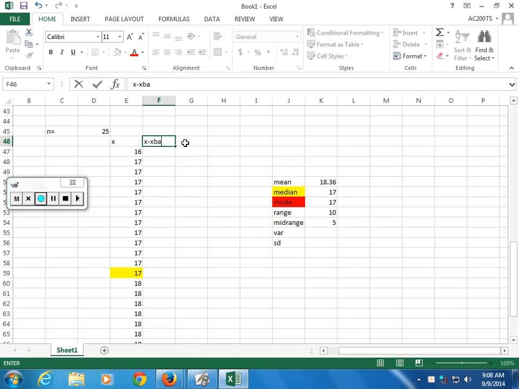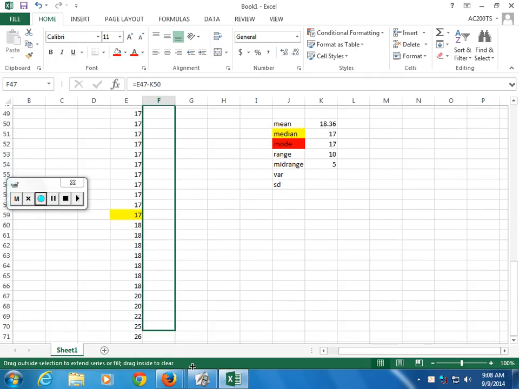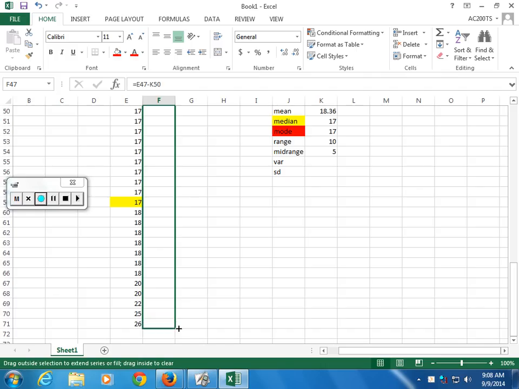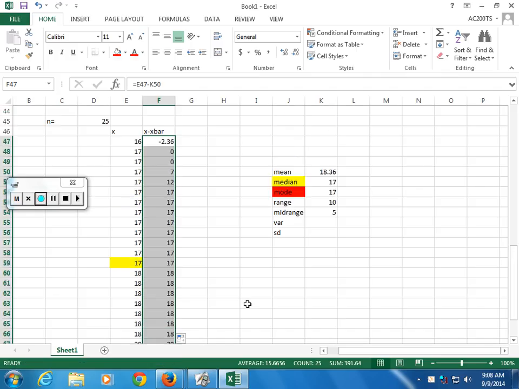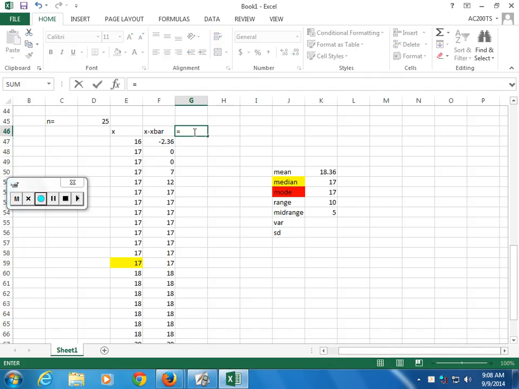X bar, and that's equal to x minus x bar, and copy that down. And then what do you do with that number right there? You square it, right? So they'll all be positive. X minus x bar, quantity squared.